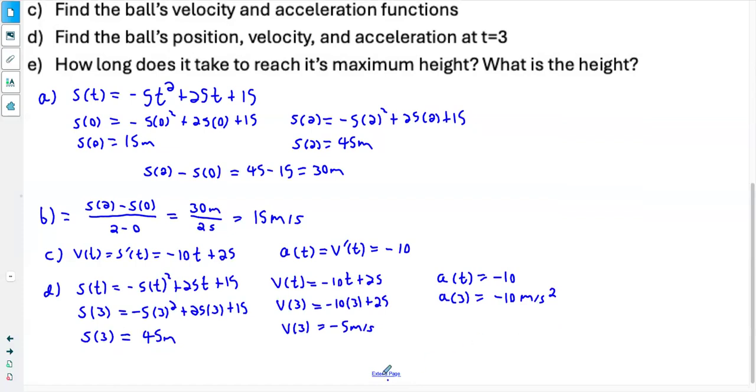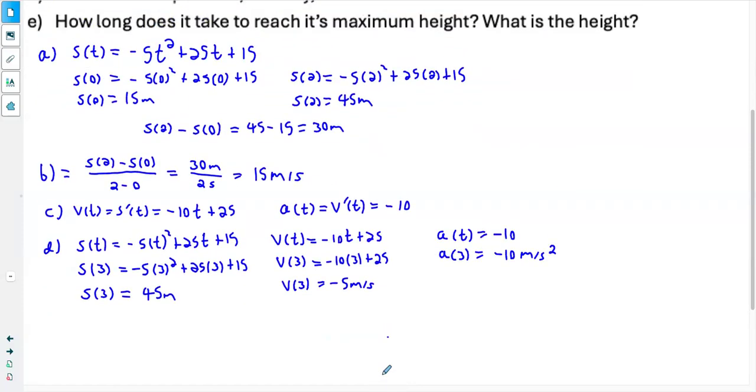Okay, our next question is how long does it take to reach its maximum height? Now, we know the object is going up and then coming back down. So at its maximum height, it's going to be changing from a positive velocity to a negative velocity. So at its maximum height, its velocity will be zero.